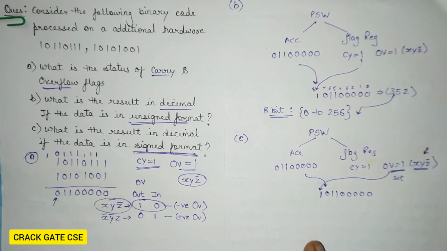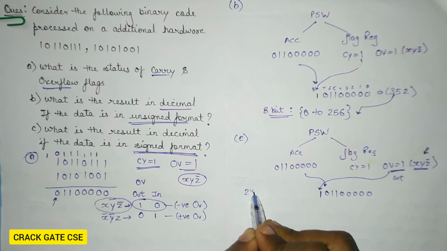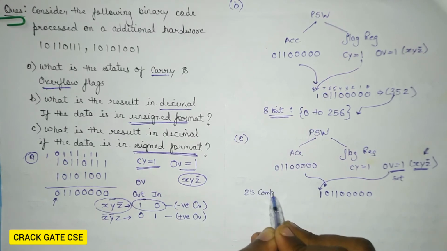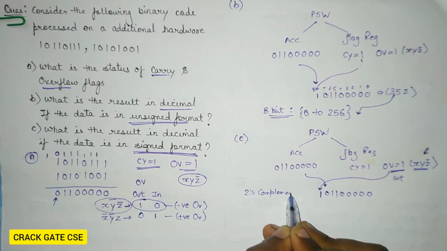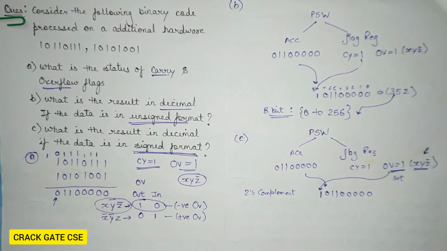Now if we have to convert this particular value, how can we convert it? To convert this particular value, we have to convert it into the 2's complement, right? So this is the negative overflow. We got an idea that this is a negative overflow, and because of this value 1, we got to know that we have to convert this particular value into the 2's complement. How can we do that?